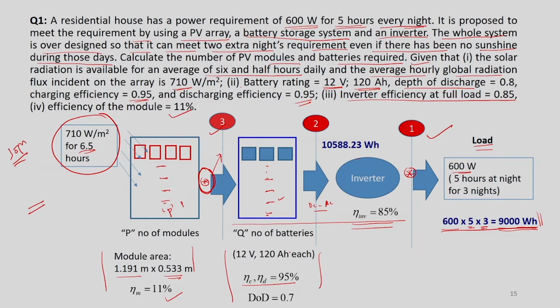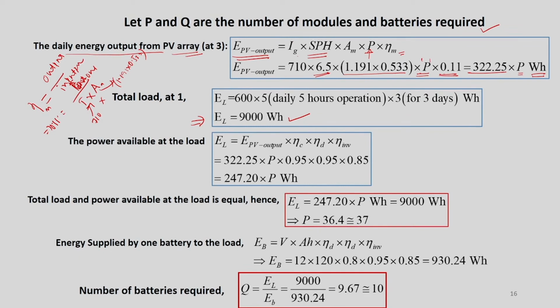If we use those efficiencies to calculate the power available at the load, this is nothing but eta C, the charging efficiency, eta D, the discharging efficiency, multiplied by the inverter efficiency. If we multiply all, what we will have is 247.20 into P watt hour, okay. That much energy is available, okay.